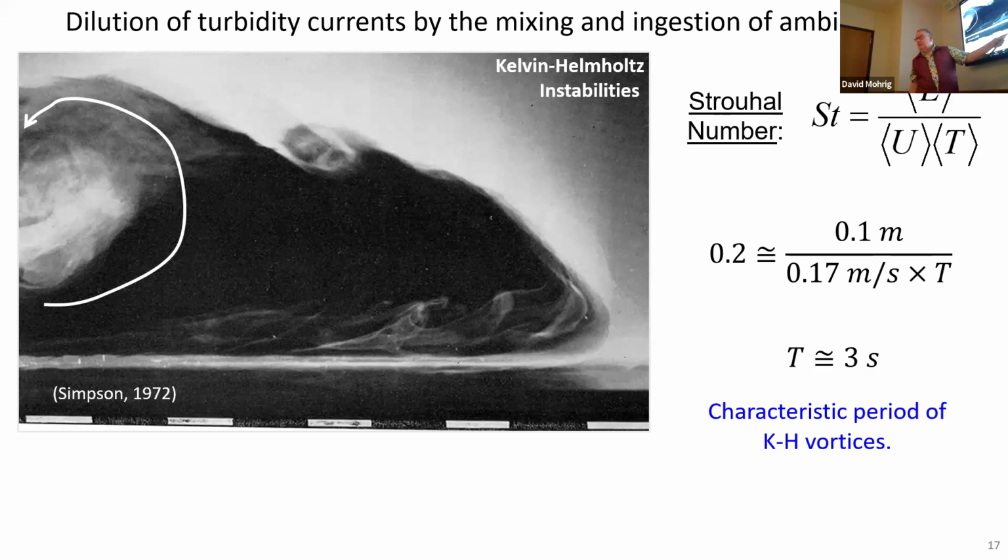It turns out that the Strouhal number for an incredibly wide array of systems is not exactly one that would make it a perfect dimensionless number, with one behavior on one side and another behavior on the other, but it's order one, about 0.2. So if you take the thickness of the currents as the length scale, the mean velocity of the currents as the velocity scale, and I want to know the period associated with these largest mixing turbulent eddies, it's about 3 seconds in this system.